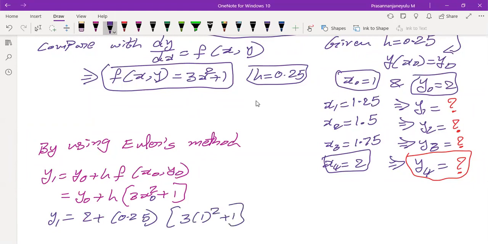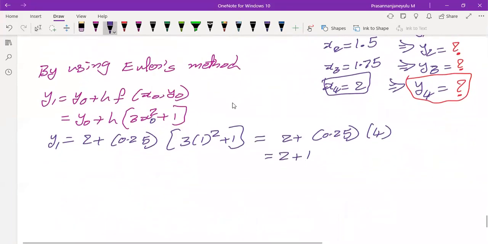So anybody can say what is the answer you are going to get? 2 plus 0.25 into 3 plus 1 is 4. So 2 plus 0.25 into 4 is 1. So 2 plus 1 is 3. y1 is equals to 3. And what is x1? Already we know that 1.25.